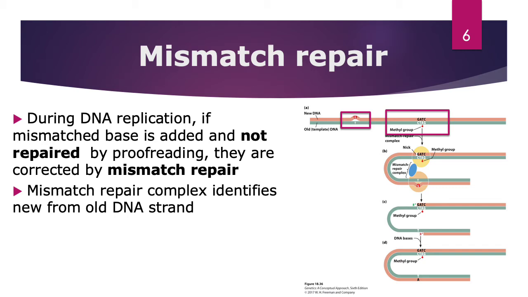When DNA synthesis occurs, the methylation of the GATC site is delayed, and hence if the mismatch repair is able to recognize the mismatched base that's present in the DNA before the GATC site is methylated, it can definitely identify the new DNA from the old template DNA.